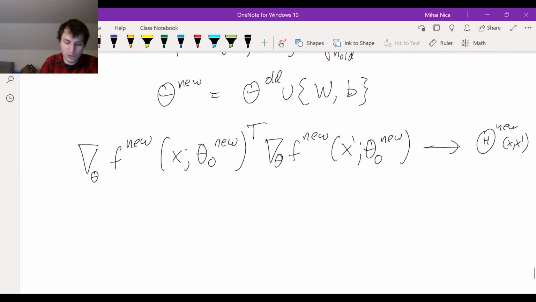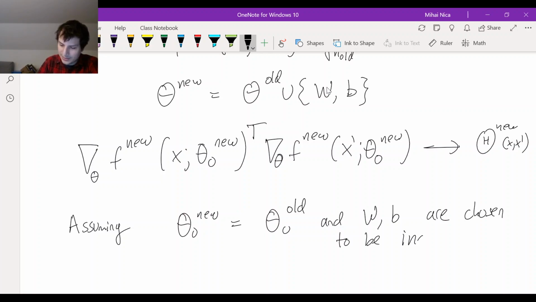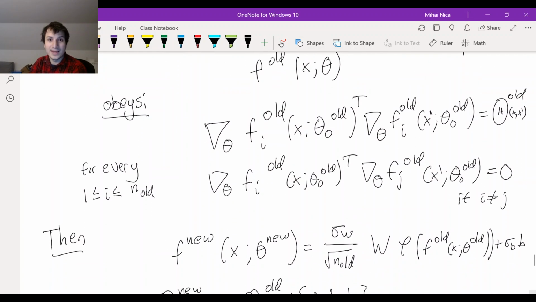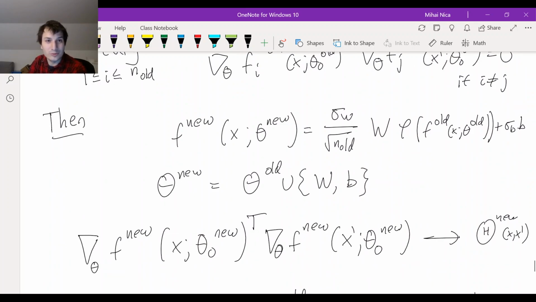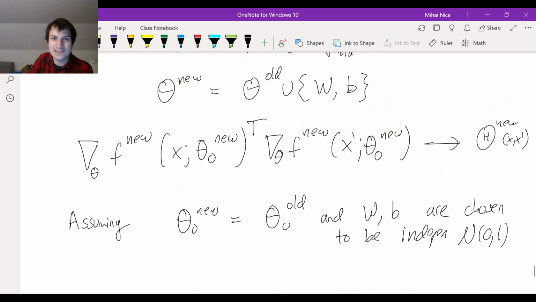This is assuming theta 0 new is theta 0 old, and W, b are chosen IID, independent, mean 0, variance 1 Gaussians. So that's what it's saying: the old function obeys this nice kernel rule, and the new function is going to obey this new kernel rule, as long as you define it this way. And the rule for the new kernel, okay, but there's one more thing, which is the same thing as before.